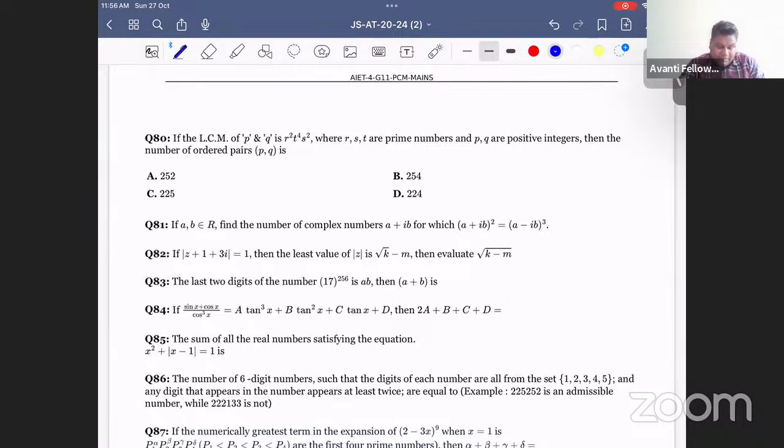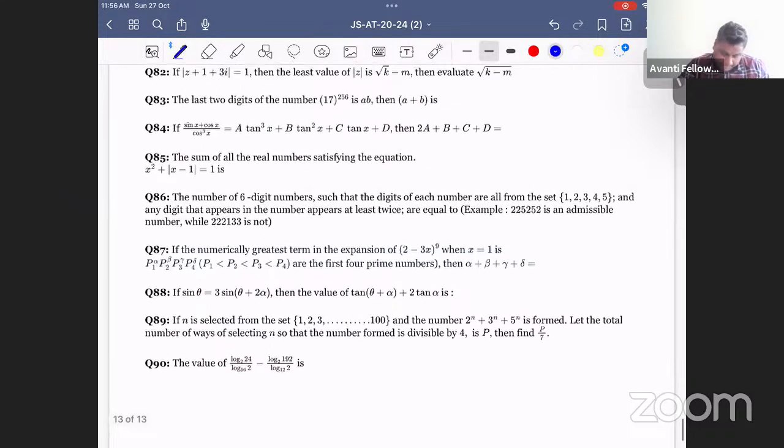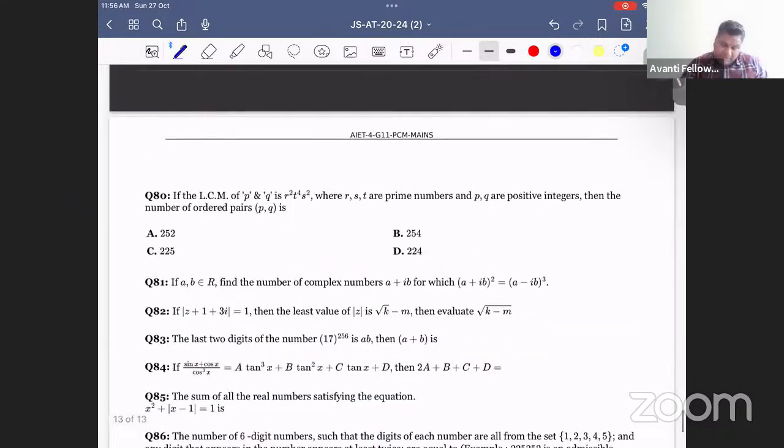Now, see this question. If the LCM of p and q is this, where r, s, t are prime numbers and p, q are positive, then number of ordered pairs (p, q). See, this is a question from previous year JEE. Undoubtedly a good question. Then how do we do it? See, r, s, t are prime numbers. So out of p and q, at least one should be having r to the power 2 necessarily to get r square in the LCM. So it is like if it is p, it is q.